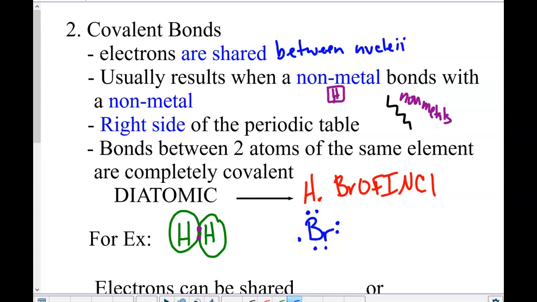If I was to draw another bromine, I'm going to put it on the left side, so that I'll show you what I mean. I'm going to put this bromine on this left side here, so that I can match up where I have that empty hole.